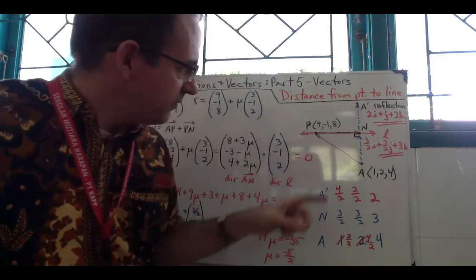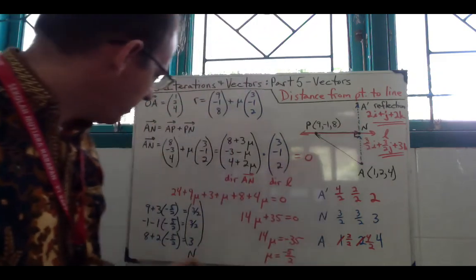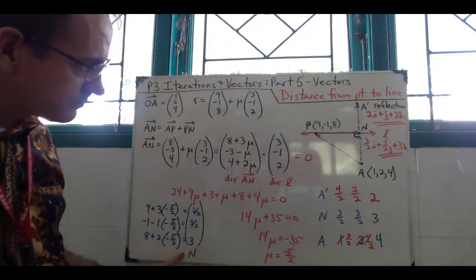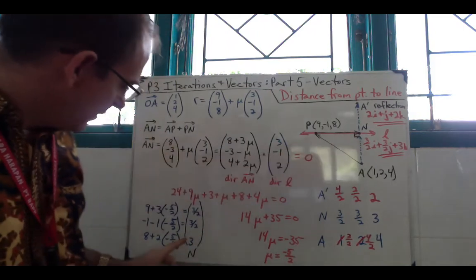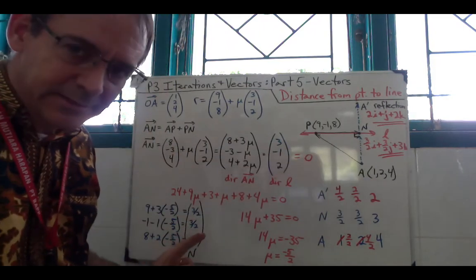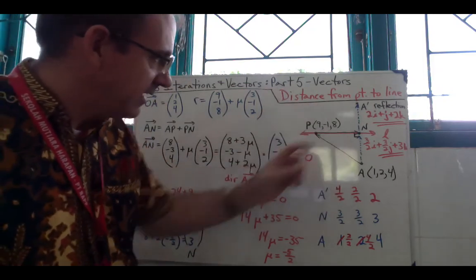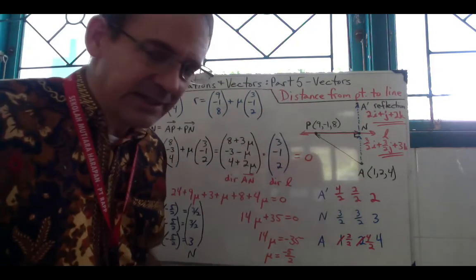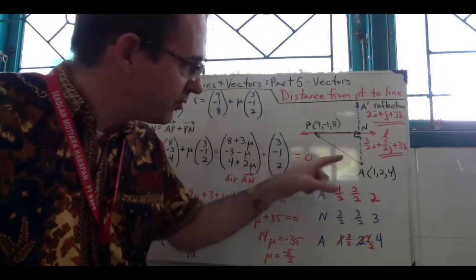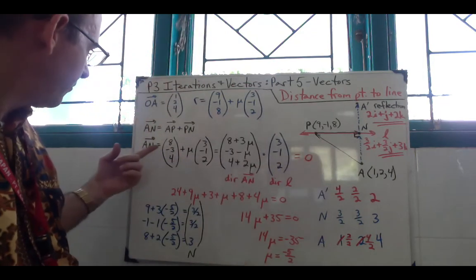If you wanted to find this distance, once you found position N here, all you have to do is go A to N or N to A, doesn't matter. So if you go A to N, it's N minus A. Find the direction there, which actually we already found right here.